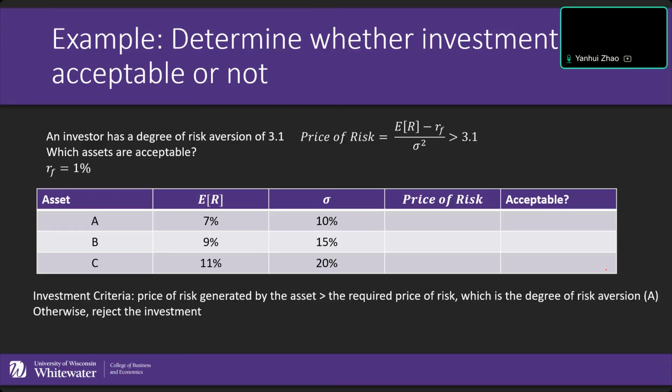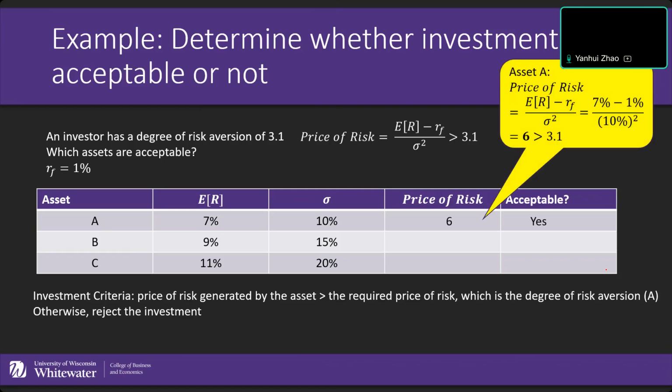Otherwise, the investor will not invest. Do I make it clear enough? So if the price of risk generated by the asset is higher than the degree of risk aversion for the investor, the investor will invest. Otherwise, the investor will not accept.